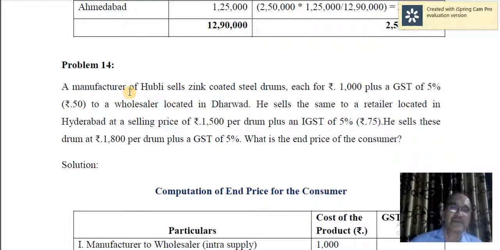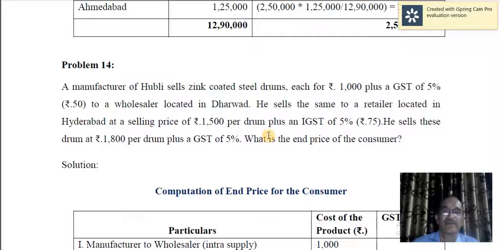A manufacturer of Hubli sells zinc coated steel drums, each for 1,000 plus a GST of 5% to a wholesaler located in Dharwad. So the manufacturer has supplied it to the wholesaler of Dharwad. He sells the same to a retailer located in Hyderabad.